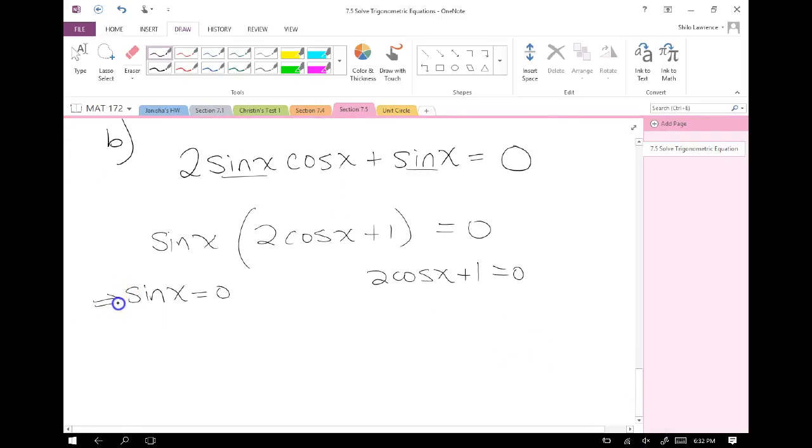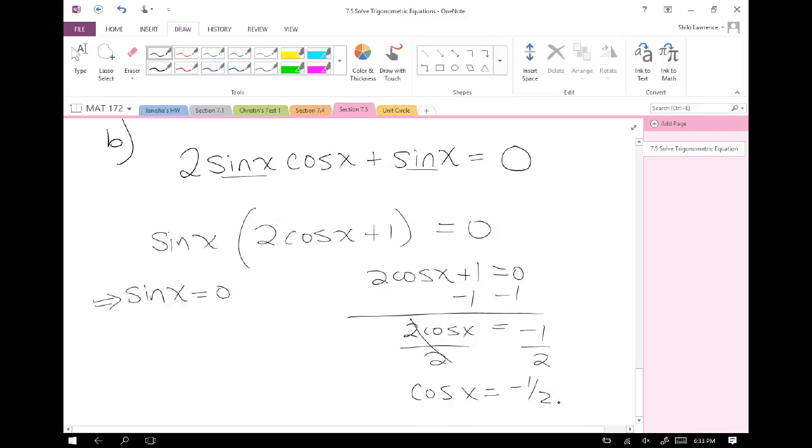Now, the first piece, I'm ready to go to the unit circle and figure out some answers for. The second piece, we've got some opposite operations still to do to isolate the cosine. So we subtract over our 1, divide over our 2, and we get cosine equals negative 1/2 again.